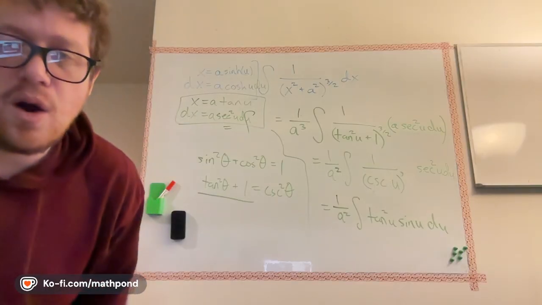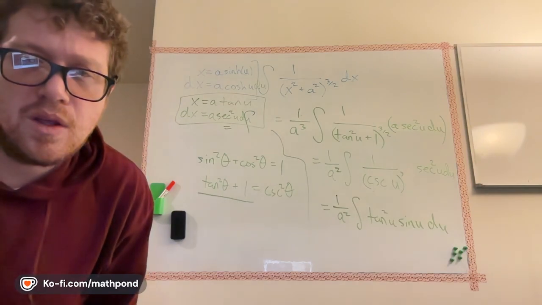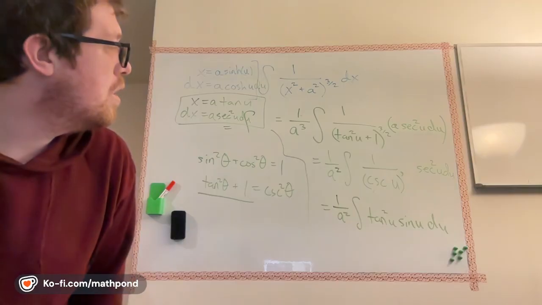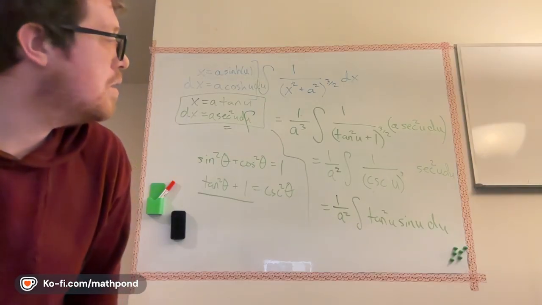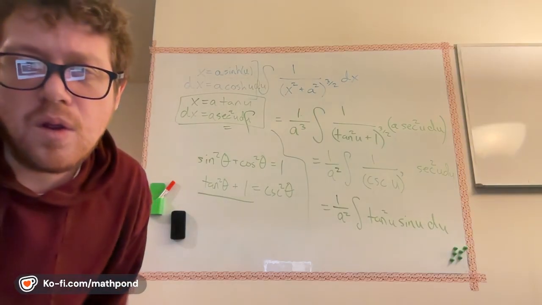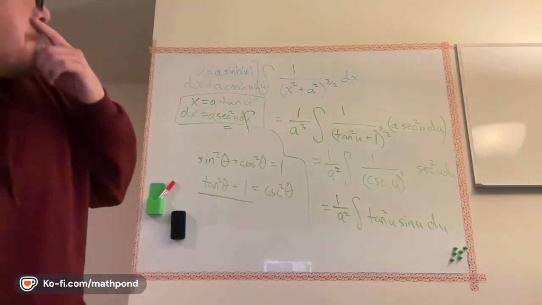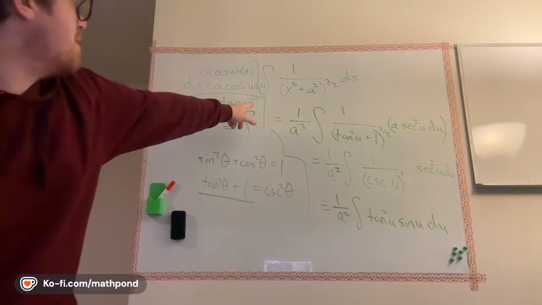Oh, are you talking about the beginning? X over a is tan u. Yeah, that's what we have here.